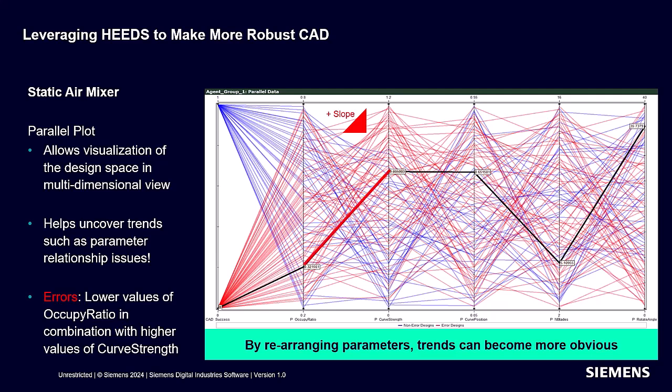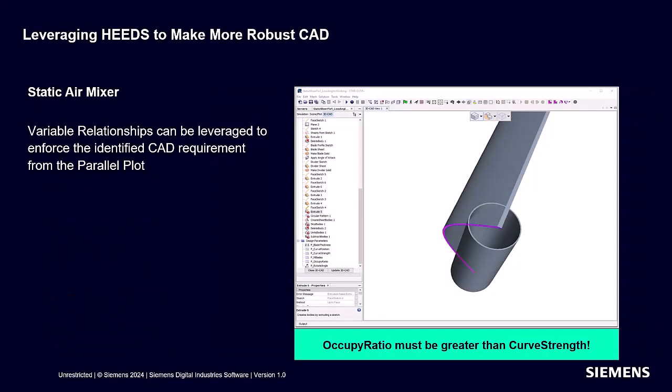Stated differently, positive slopes as shown between the 2 parameters result in errors, while flat or negative slopes result in successful designs. With this new knowledge in hand, we can return to the CAD model to understand why this relationship exists. When a positive slope occurs, meaning the occupy ratio is less than the curve strength parameter, the blade loses contact with the inner circle, causing CAD failure.